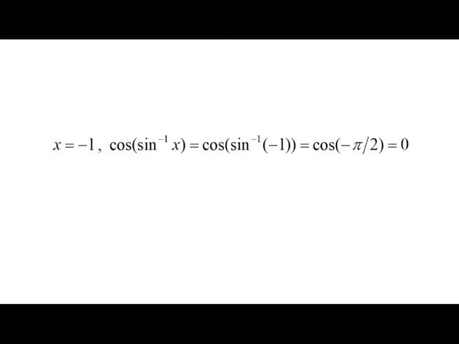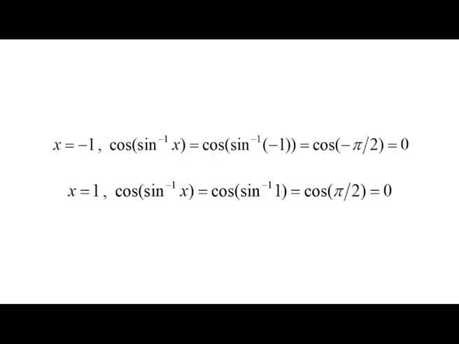When x equal to minus 1, cos of sin inverse of minus 1 equals cos of minus pi by 2 equals 0, and when x equal to 1, cos of sin inverse of 1 equals cos of pi by 2 equals 0. Hence, we cannot expect y equal to sin inverse of x to be differentiable at x equal to 1 or at x equal to minus 1.